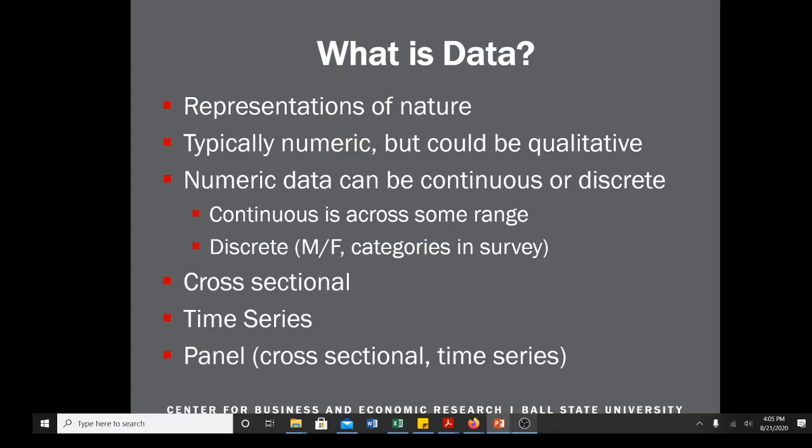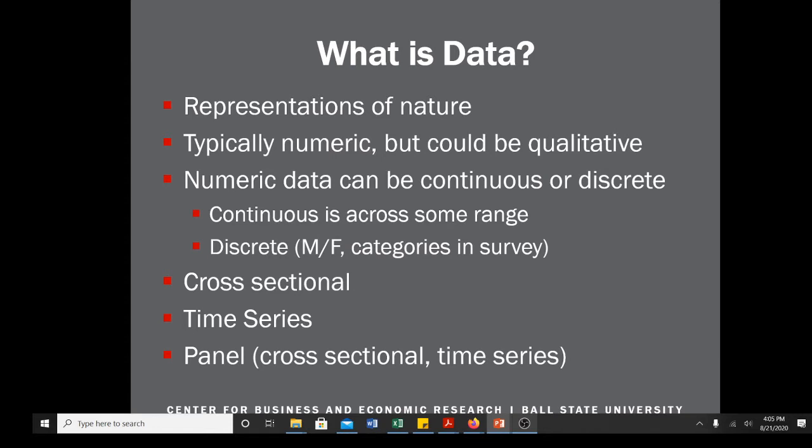So you hear a politician talking about a decline in the unemployment rate, and they'll then immediately start talking about a new job that Mary Jones got, and how important that is to feeding her family, giving her a sense of self-worth. Those are a combination of both numeric and qualitative data. So they're very powerful tools. I'm not going to be dismissive of qualitative data, but this is a class really about numeric data.